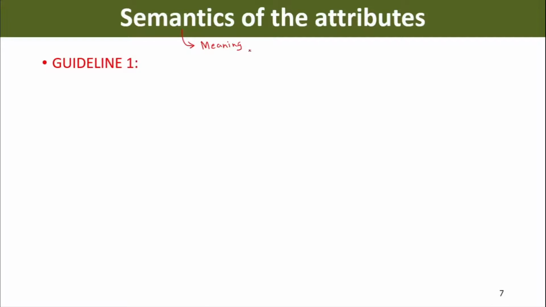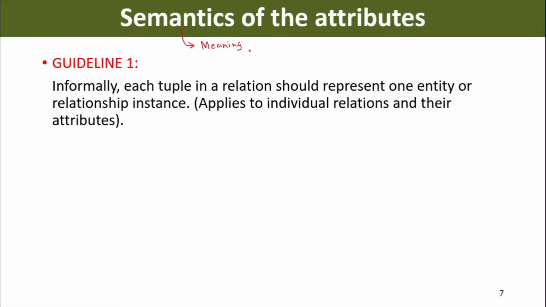right? So guideline number 1: informally, each tuple in a relation should represent one entity or relationship instance, and this applies to individual relations and their attributes. So what does this mean? In fact, we have talked about this concept earlier.